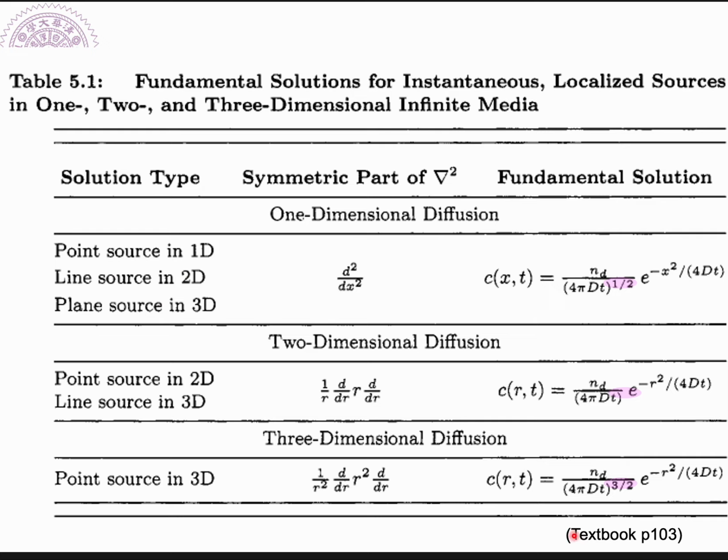Yes, you can check your textbook page 103, where Table 5.1 lists different dimensional diffusion. For the one-dimensional diffusion, we just talked about that, and there are also two other examples that belong to the one-dimensional diffusion case.